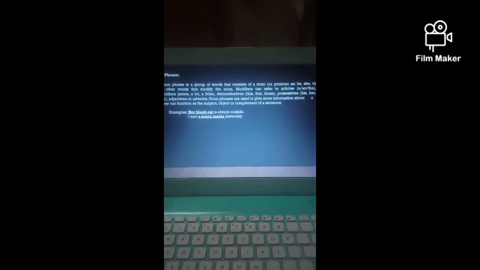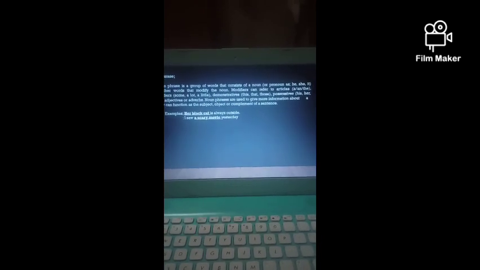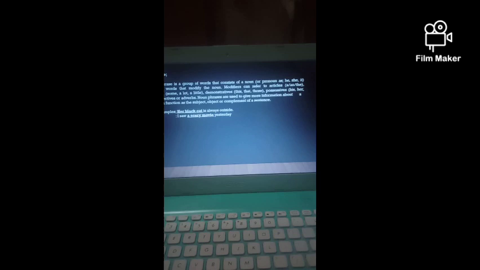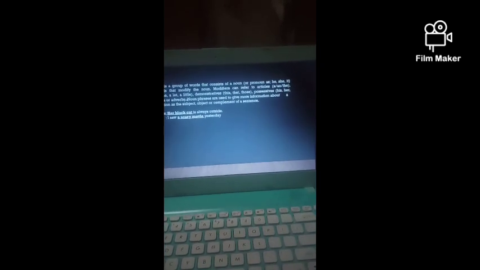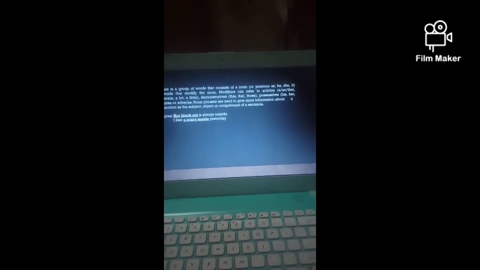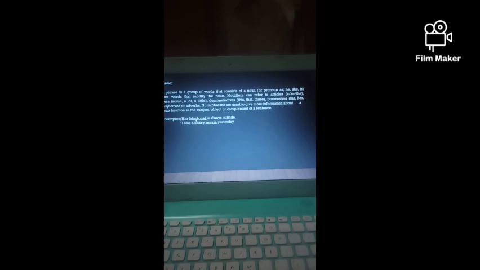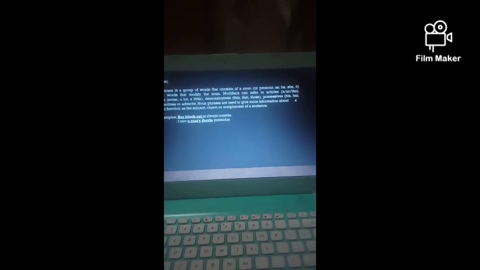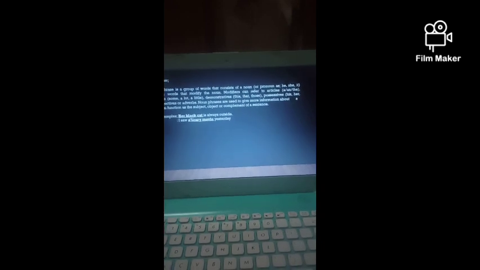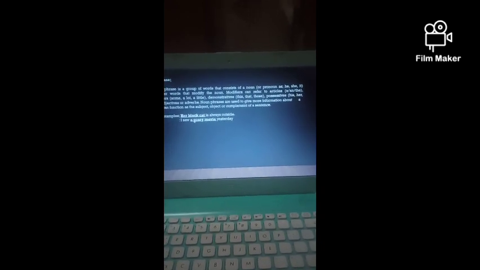And the next, I saw a scary movie yesterday. So the noun phrases are the ones in bold. The first example is her black cat, and below, a scary movie.